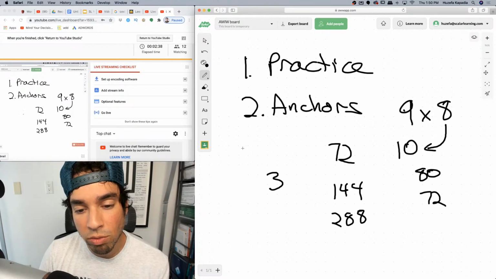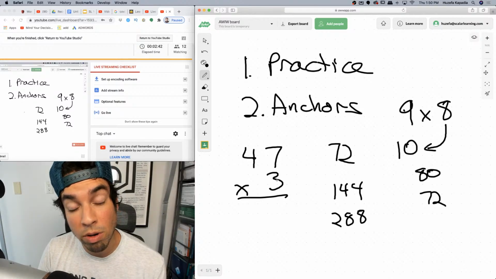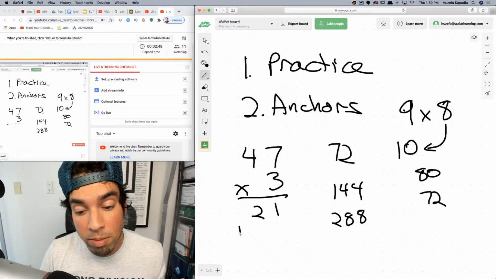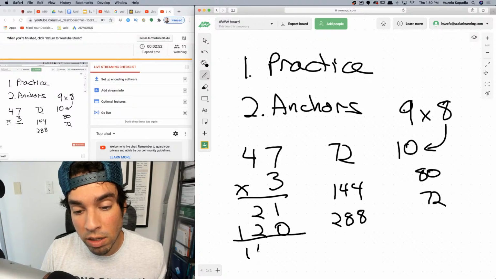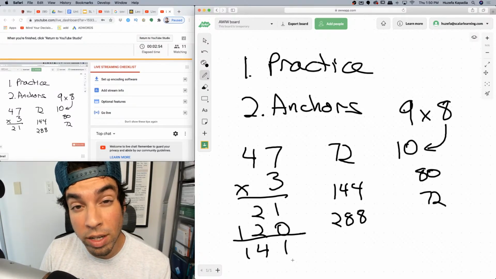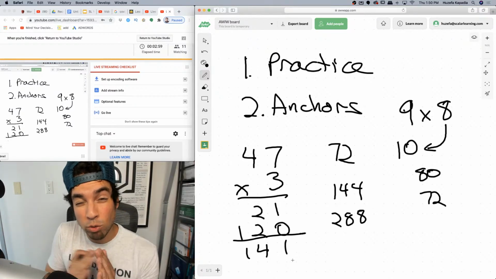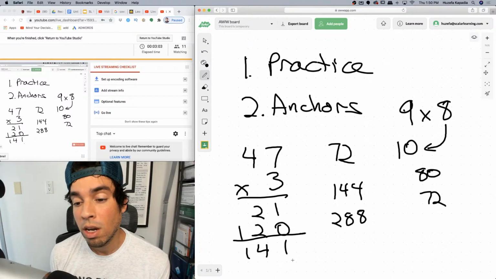For example, if I'm doing 3 times 47, now that seems like a potentially daunting problem, but what I do when I do it mentally is I do 3 times 7 in my head, which is 21, and then 3 times 40 in my head, which is 120. Simply add them together, and you get 141. So definitely use those little tactics whenever you can, split things up and multiply mentally in different parts and then add them together. Use your anchors.